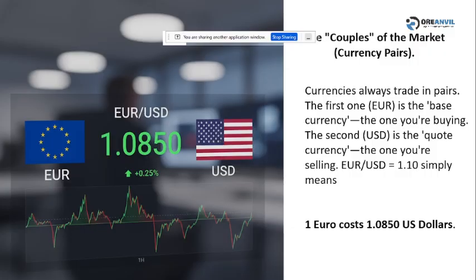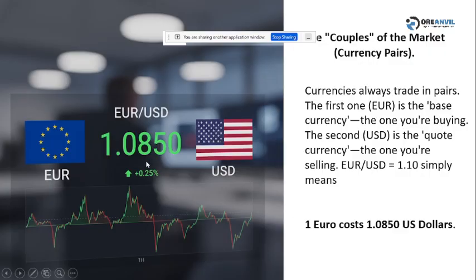Below you see euro 0.25%. That means the euro got a little stronger compared to the US dollar by 0.25%. When the euro gets stronger, the number goes up. If it was 1.0800 before, now it is 1.0850.